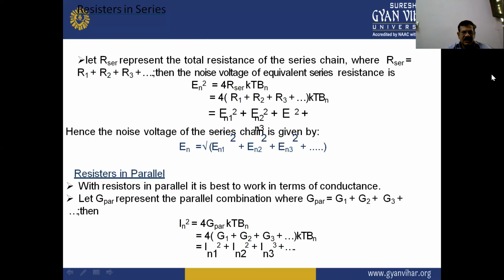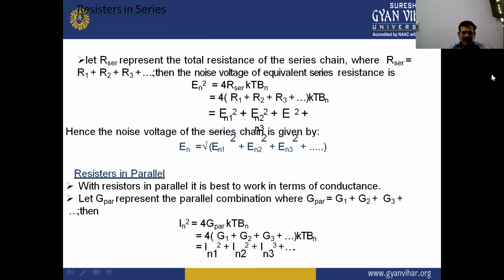We have taken the resistance in series form, and now we take the resistance in parallel. With resistance in parallel, it is best to work in terms of conductance. Let G represent the conductance of the parallel combination, where G equals G1 plus G2 plus G3. They are the different conductances.